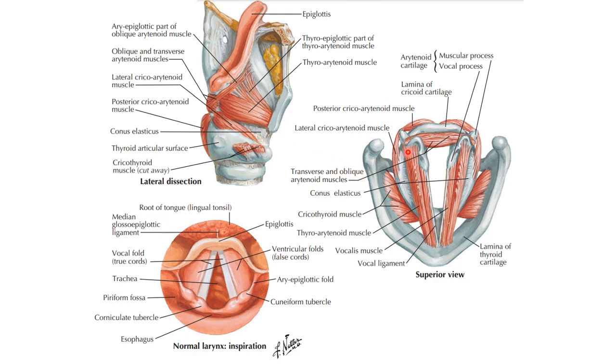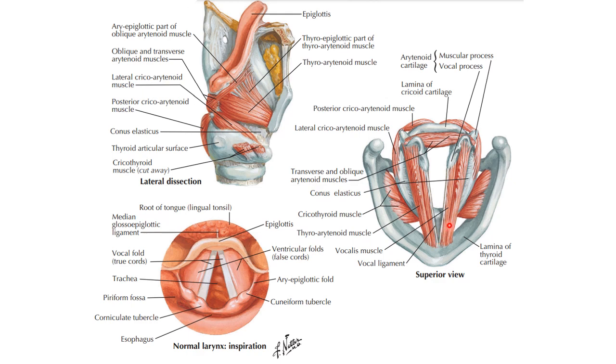And the muscles that control the tension of the vocal ligament would be best viewed here. First, you have the cricothyroid muscle, which connects the thyroid cartilage with the cricoid inferiorly. So when this contracts, the thyroid cartilage will descend into the cricoid cartilage and it will pull on the vocal ligament, increasing the tension of the vocal ligament.